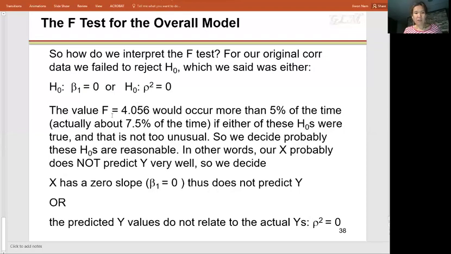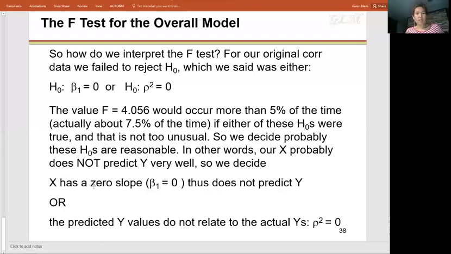Okay, the value F equals 4.056 would occur more than 5% of the time. So it's hard to ignore that high a probability, 7.5%. That's why we cannot reject the null hypothesis. So that is not too unusual. We decide the probability that this null hypothesis is reasonable.